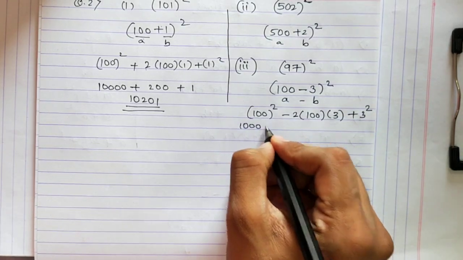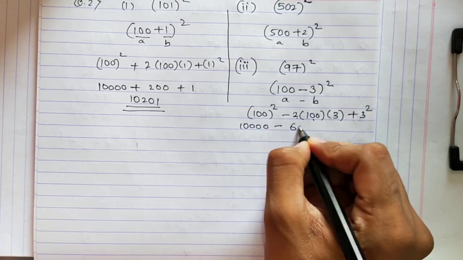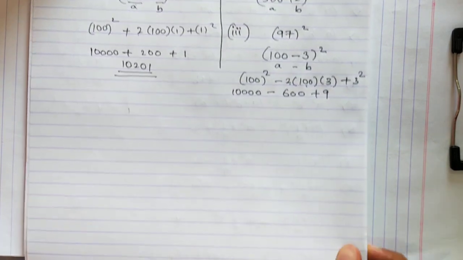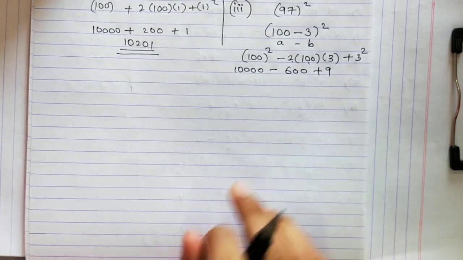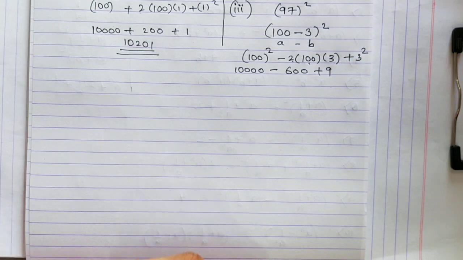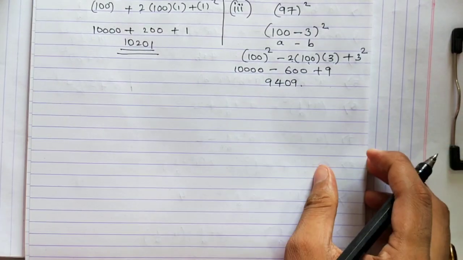So 100 square is 10,000 minus 2 into 100, 200, 200 into 3, 600 plus 9. So when you add and subtract, do the multiplication, you get the answer as 9409.